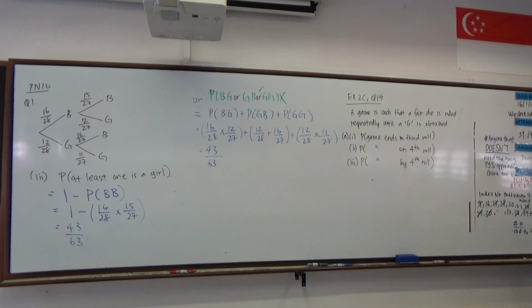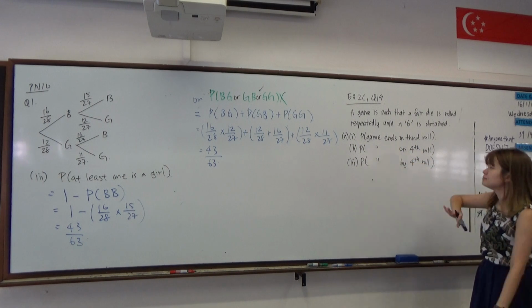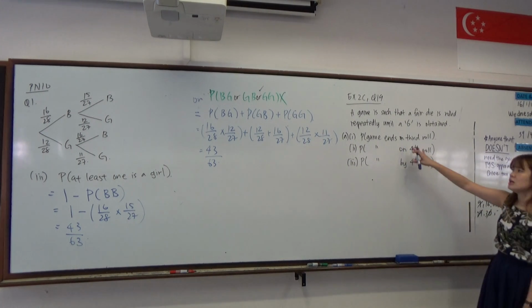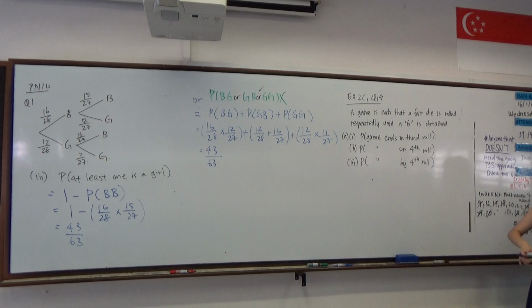We are looking at a situation whereby we are throwing a fair die repeatedly until a 6 is obtained. So once 6 is obtained, the game ends already. In A part 1, we want to find the probability that the game ends on the third throw.